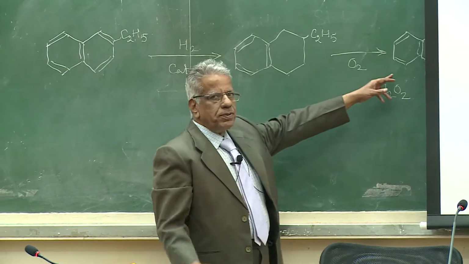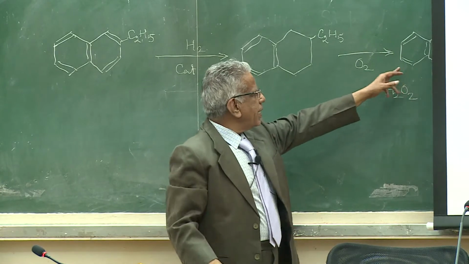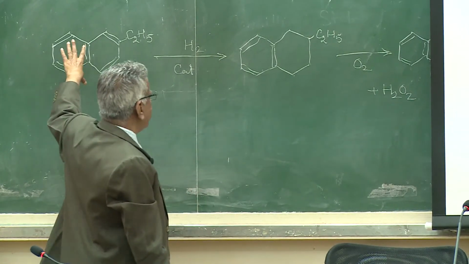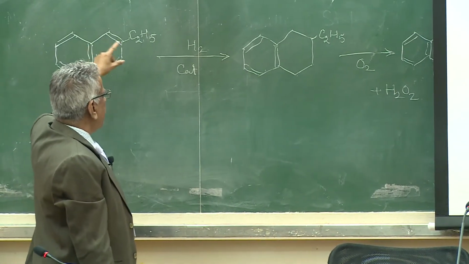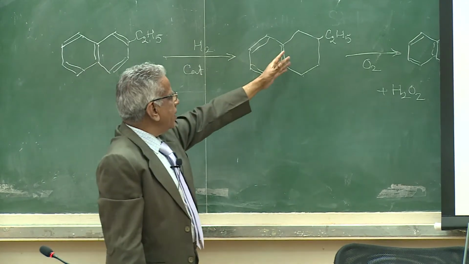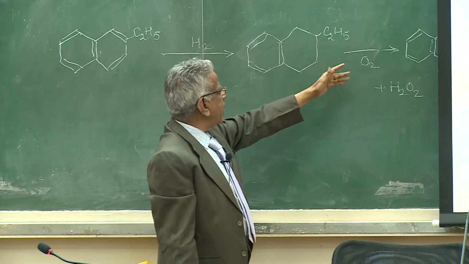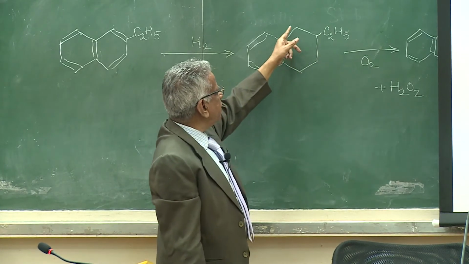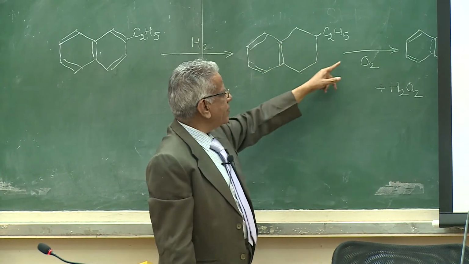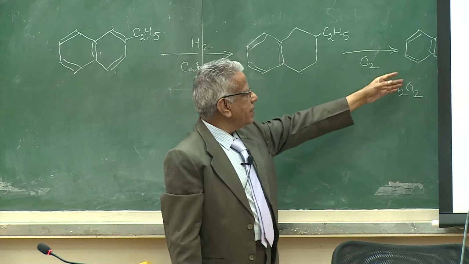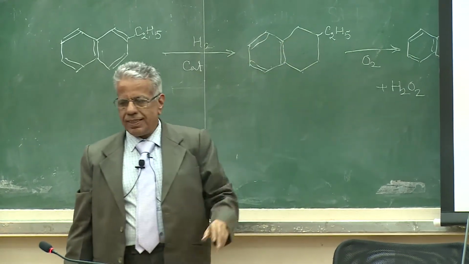This molecule, those who are unable to see, is exactly the same as this molecule. So, hydrogenation, complete saturation, and which is oxidized. The hydrogen which goes and sits here gets oxidized, we get hydrogenation, and then ethyl naphthalene is recycled.